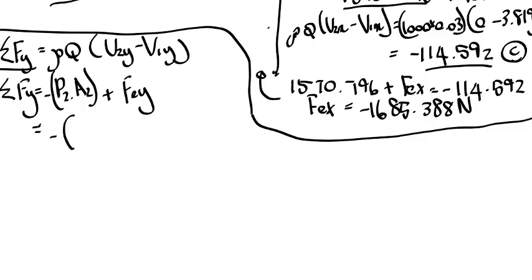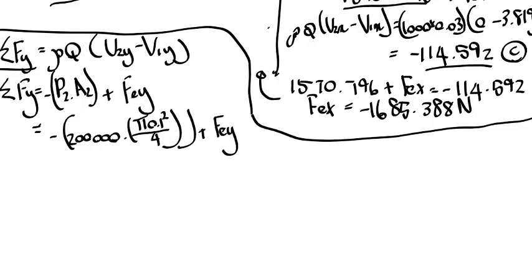Okay, so let's do that. So we'll have a negative. The pressure again is 200,000 Pascal times the area again, which will be pi d squared, which will be 0.1 squared divided by 4. Close the bracket. Another bracket plus FEY. So let's solve quickly. Remember, we almost forgot we had to store this value here in D. Store that value in D because you need it to calculate the resultant later on.